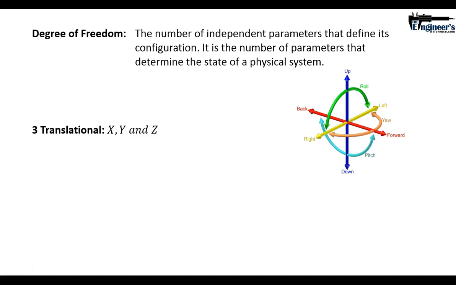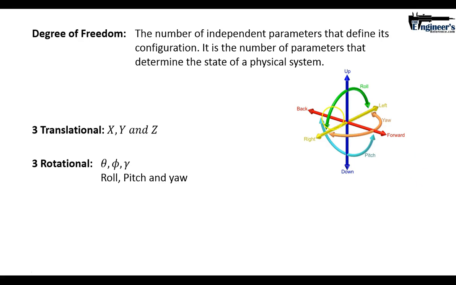Rigid bodies have 6 degrees of freedom. The degrees of freedom of a rigid body are to go X, Y, and Z, or in other words, up, down, left, right, and front and back. So 3, and then 3 more, so 6 degrees of freedom in total, which are rotational.